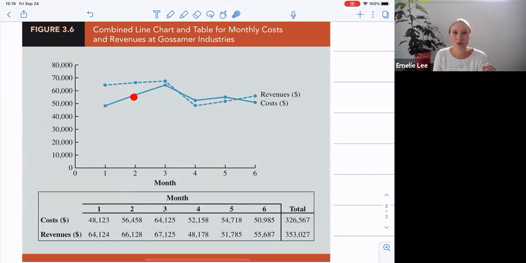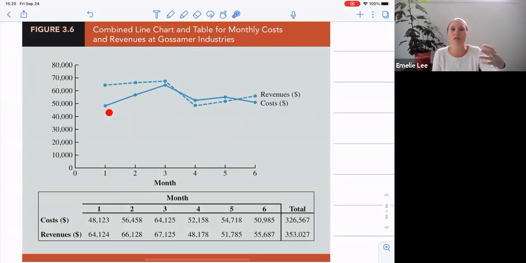Month two, we can tell that in comparison to month one, the distance between those two is a little bit less, right? So our costs are still lower than the revenues, so that's good. It means we're making money, but it's slightly lower than month one. Notice how we can't, and we won't, attach a value to it.